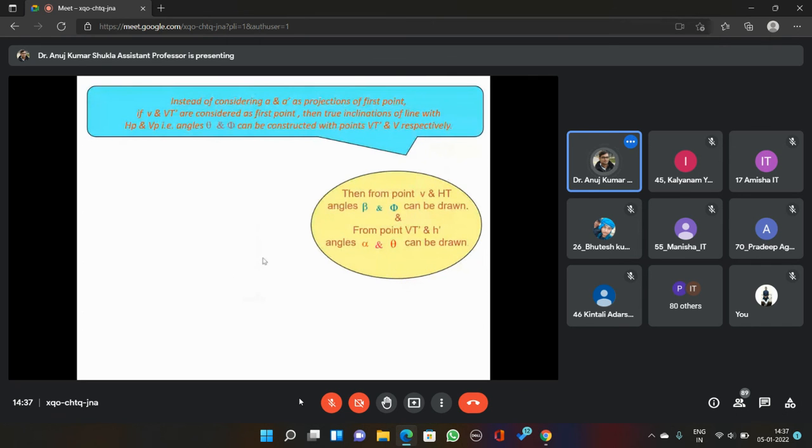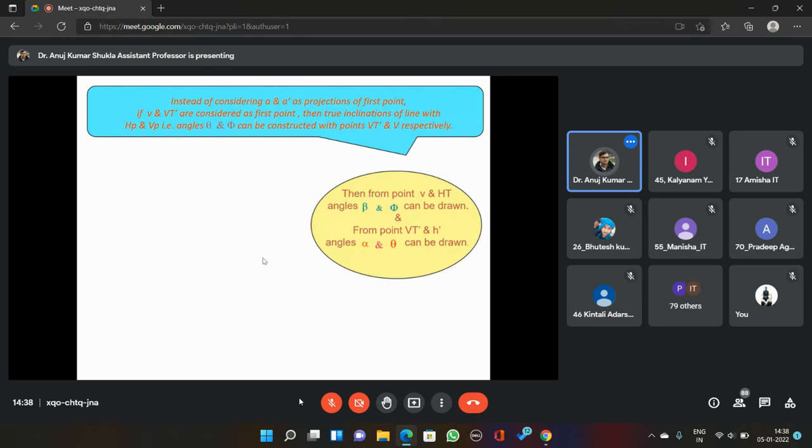Now I'm coming to another set of problems. Instead of considering A and A prime as projections of the first point, if V and VT are considered as the first point, did you get the complexity now? You are not starting with the first point.